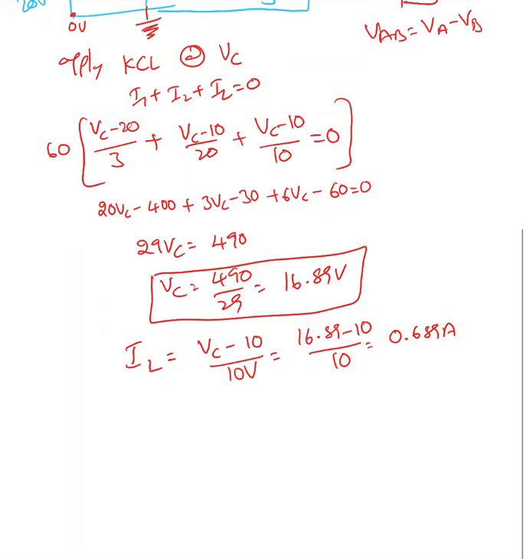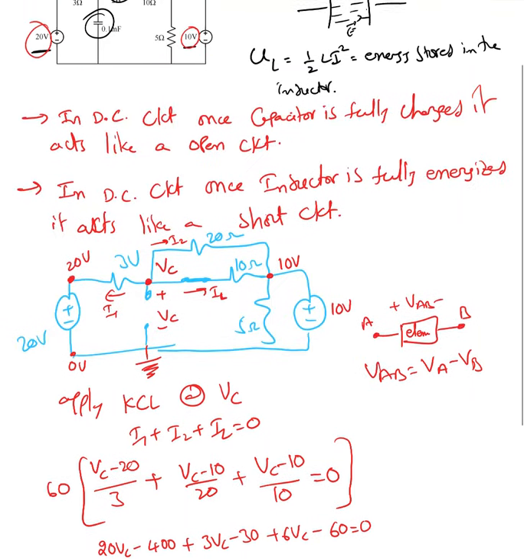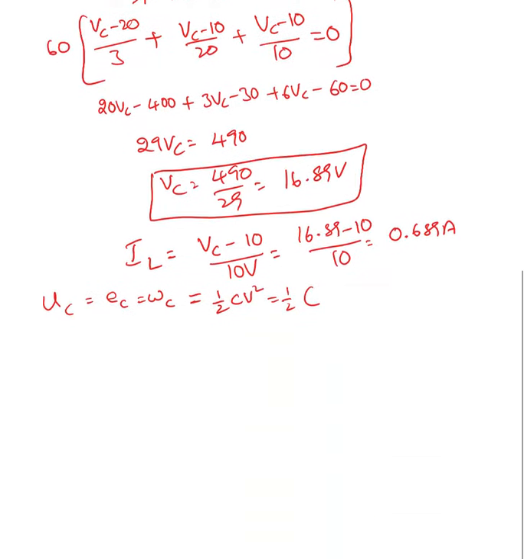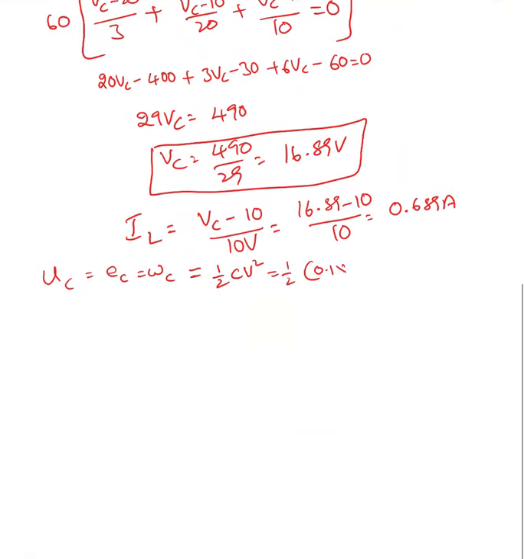What is the energy stored in the capacitor? UC, or you can say EC or WC; some textbooks use U, E or W, it doesn't matter. It is half CV squared, with the given C value of 0.1 millifarad, 0.1 times 10 to the power of minus 3, times 16.89 squared.